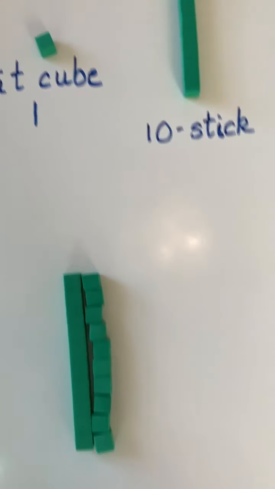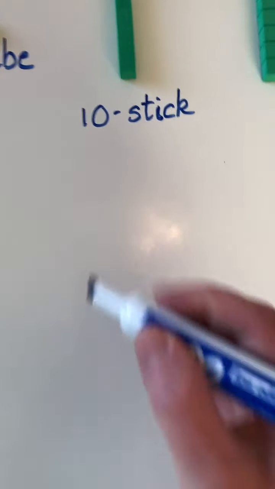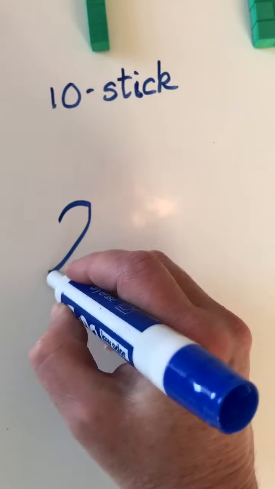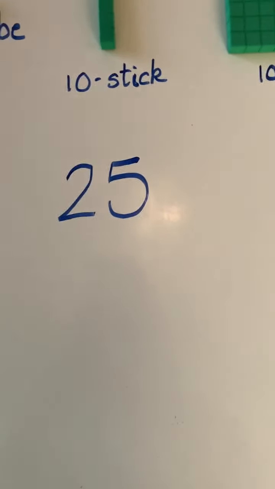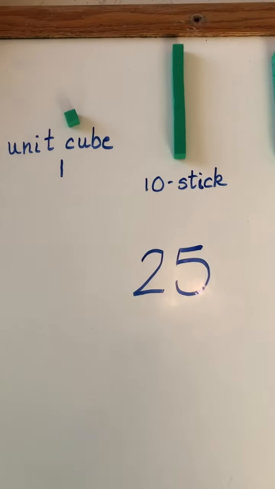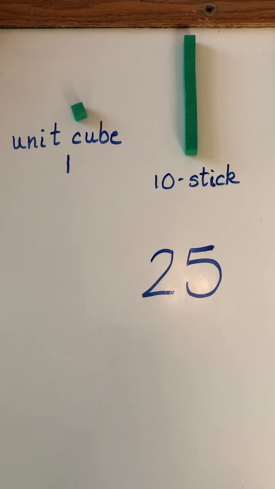Okay, so let's take the number 25. What if I wanted to show 25 using my base 10 blocks? What could I use? How many 10 sticks and how many unit cubes?